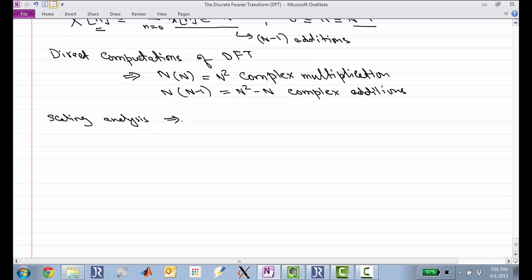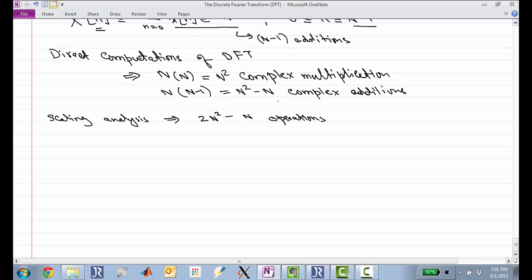If you do that, then you say that you need 2N squared minus N operations if you use the formula directly.